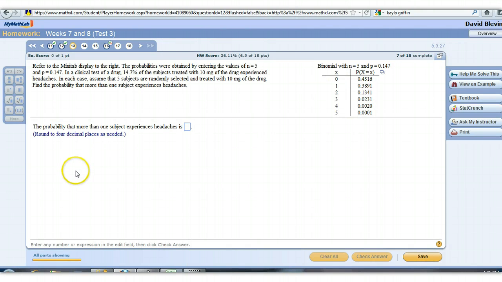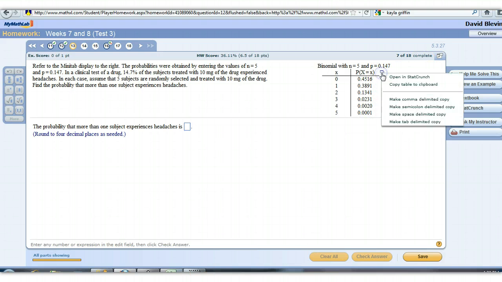Now, all we're wanting to do here is refer to this display and come up with what's the probability more than one subject experiences headaches. So more than one, what satisfies more than one? 2, 3, 4, and 5. So we're just adding up these 4 probabilities here.